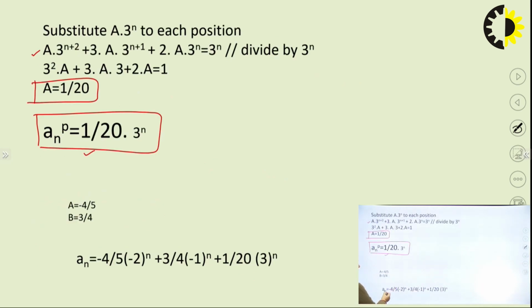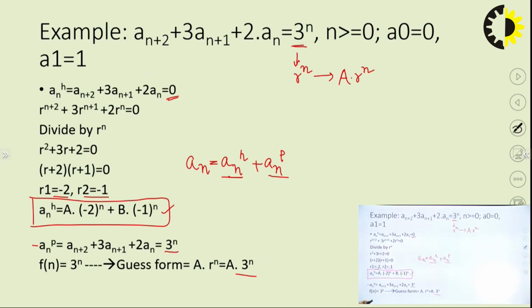So I just write it as a_n = A, then the value of my roots, then this is my B, and this was the solution which I found here. Now again in this question I have my initial conditions given as a0 = 0 and a1 = 1. That means we have substituted the value of n as 0 and then as 1, so I have got two equations.